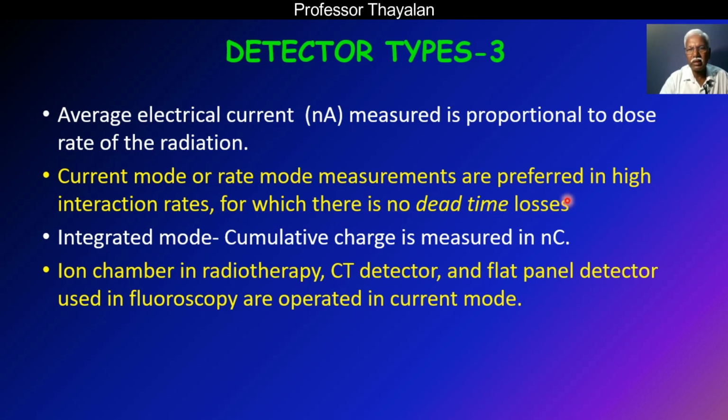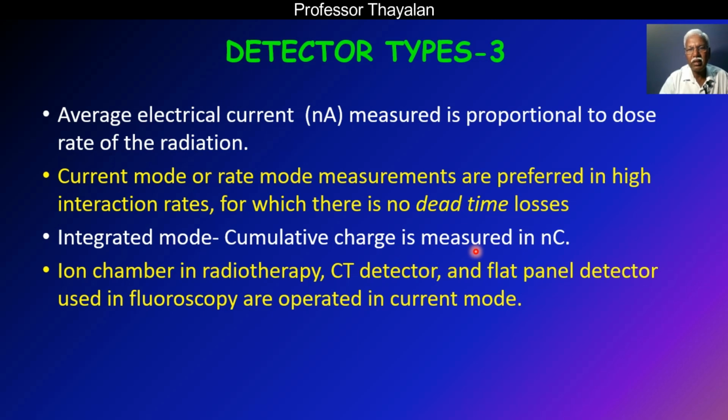The dead time loss is a property of the detector. So where there are no dead time losses, the current mode and rate mode measurements are mostly preferred. Integrated mode measures the cumulative charge in nanocoulombs. That is called integrated mode.